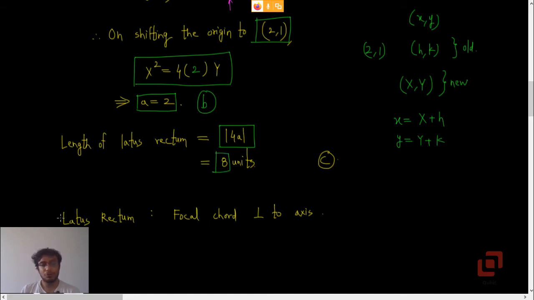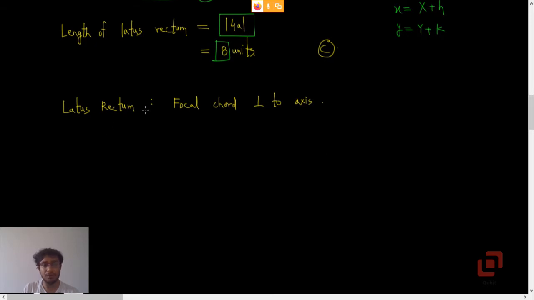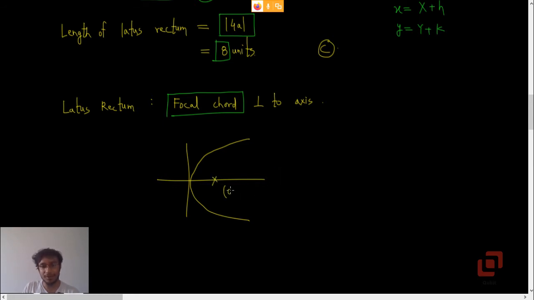Correct? Those of you who do not remember what latus rectum is of a conic, latus rectum is basically the focal chord perpendicular to the axis. Let me quickly demonstrate this for you. Suppose we have this parabola here, okay, whose standard equation is y squared equal to 4x. Its focus will be somewhere here, a comma 0.